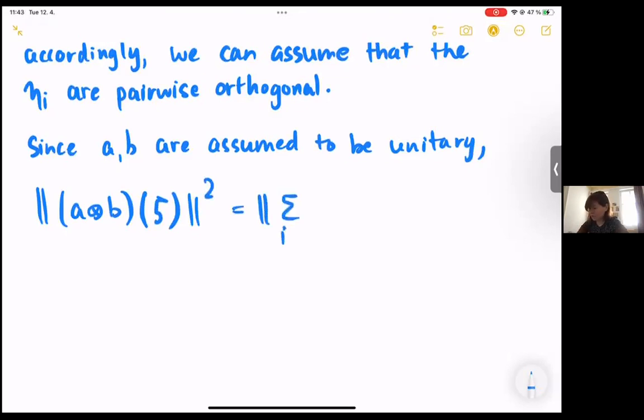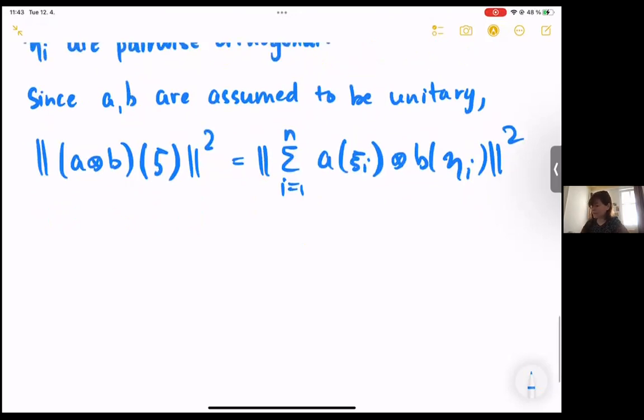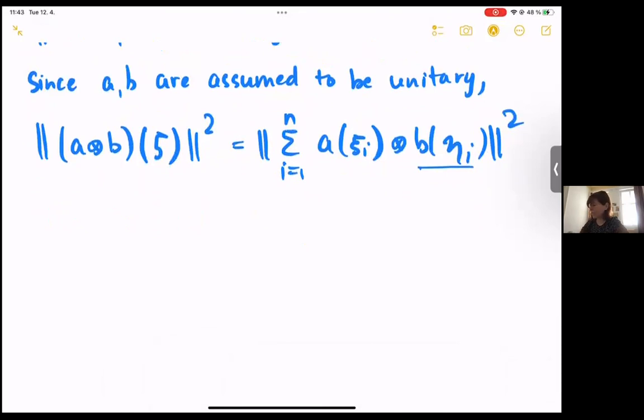That by definition is just going to be the sum of A applied to chi i tensor B applied to eta i. And since these chi i's are orthogonal, we get that this is exactly, i equals 1 to n.